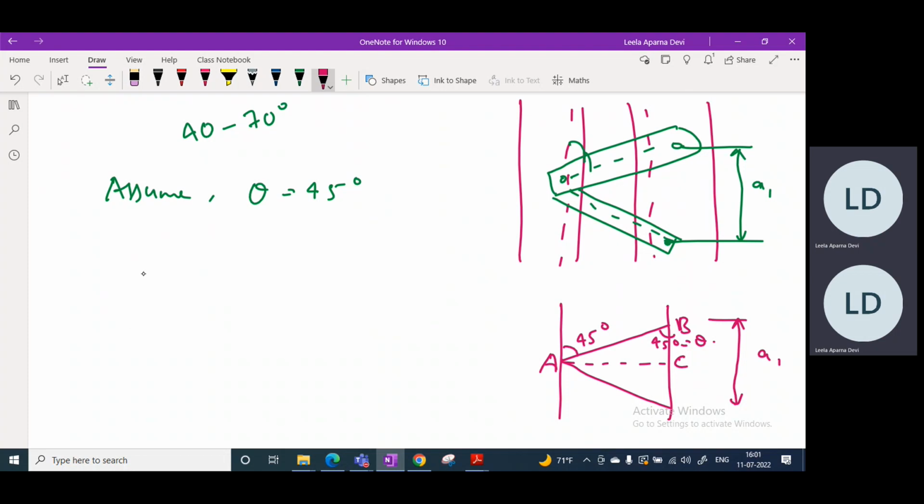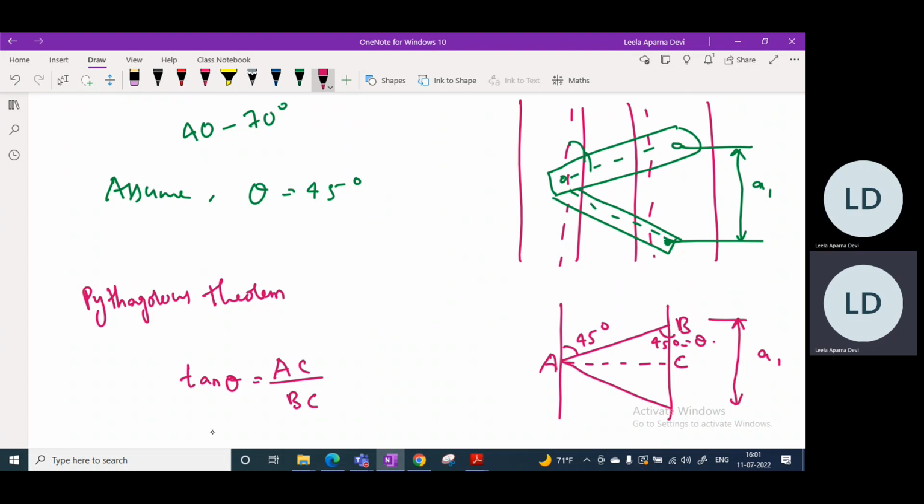To calculate the A1 value, I am applying Pythagoras theorem. So from that, tan theta will be equal to AC by BC. Here theta is 45. Tan 45, as we already know, is 1.